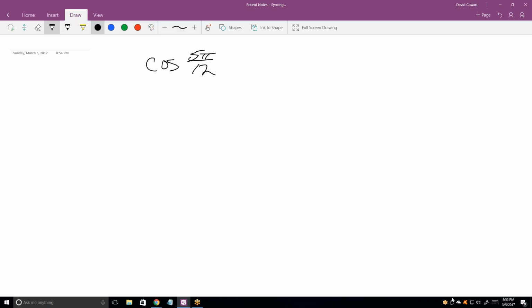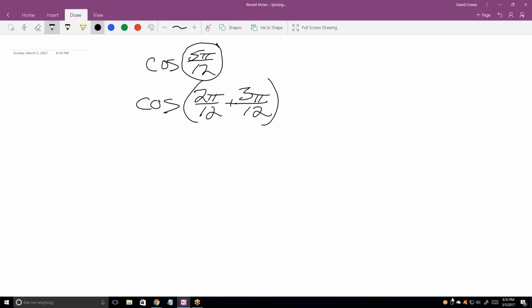So give me two angles that would either add or subtract to that. In other words, 2 pi over 12 plus 3 pi over 12. That's pi over 6. So tell me what the rest of it should read.